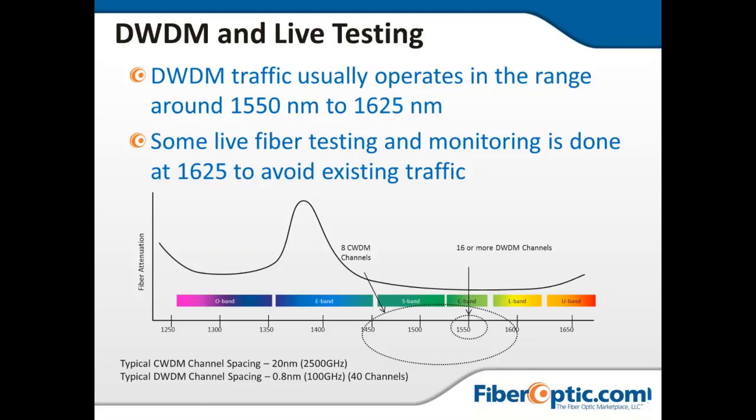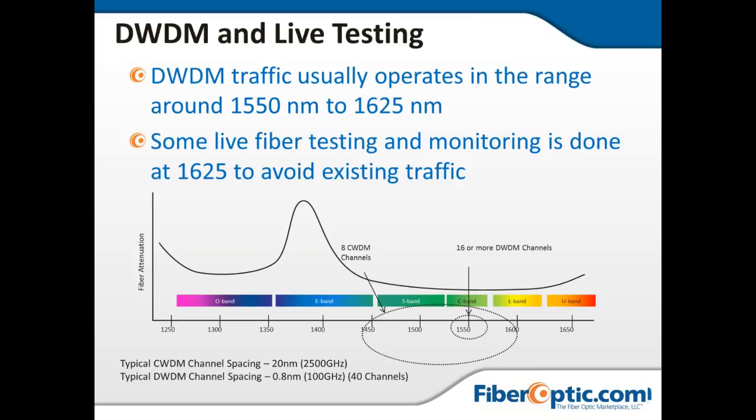That peak was created by the water hydrogen molecules that were intrinsic in the fiber throughout the manufacturing process. And then 1550 was the low point on the opposite side of that water peak. So we use 1310 and we use 1550 because we got the best distance and loss performance at those two wavelengths.